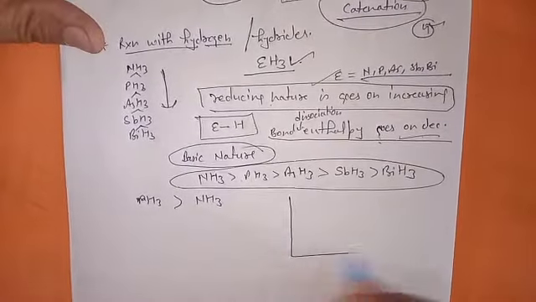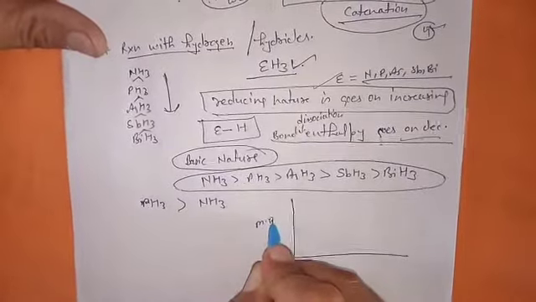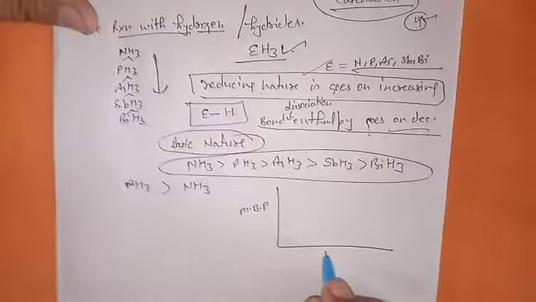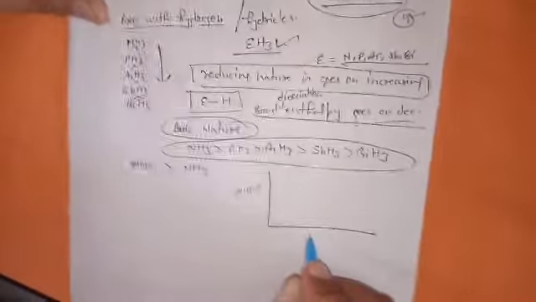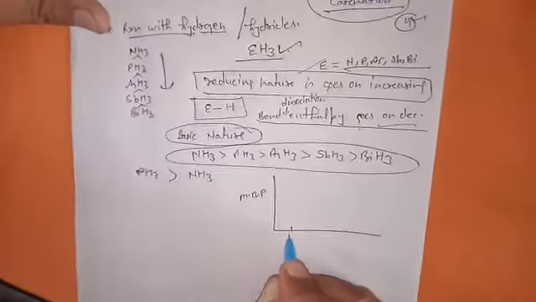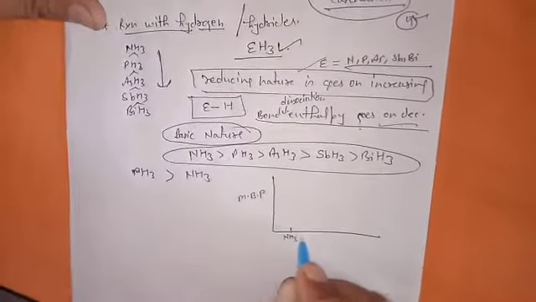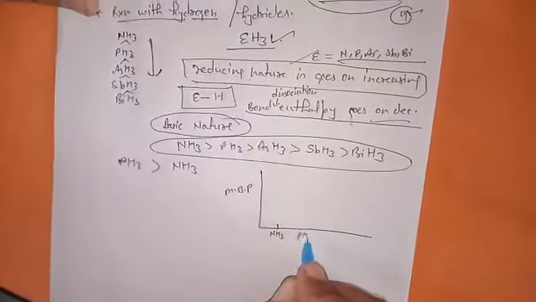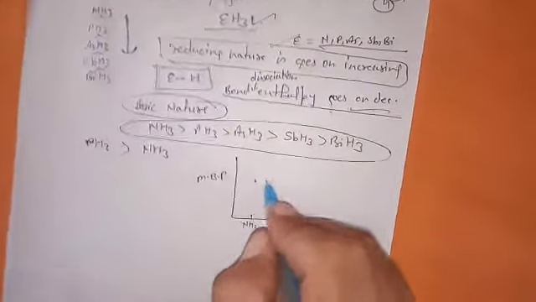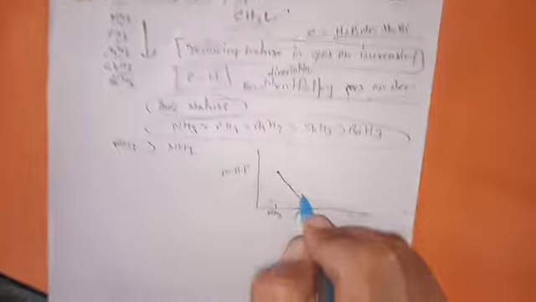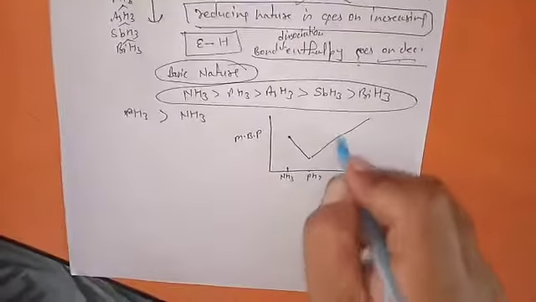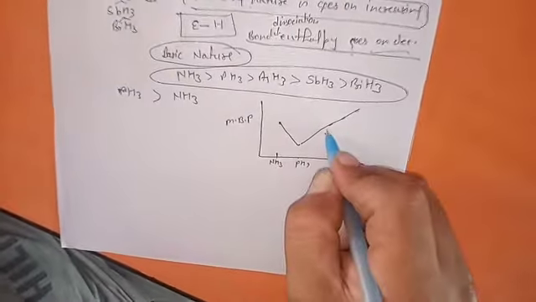If you go for the melting boiling point trends and compare the hydrides, NH3, PH3, you will find that the melting boiling point trend is in this manner. After phosphine, it goes on increasing.